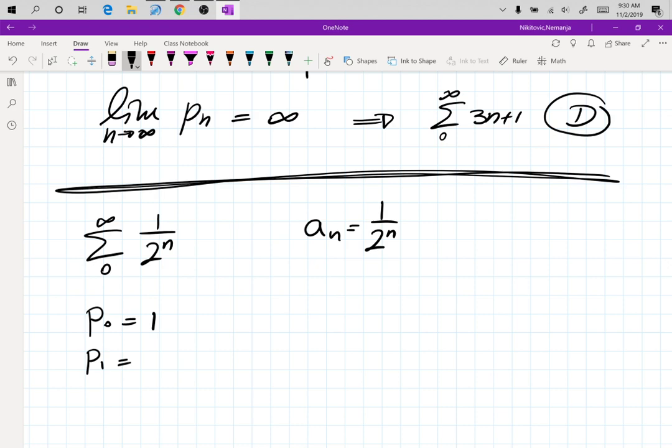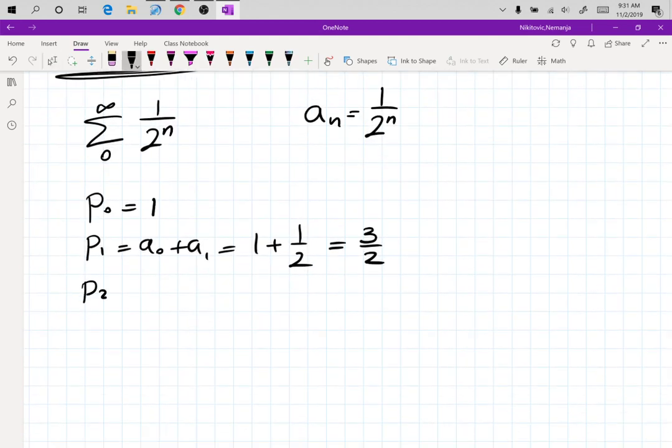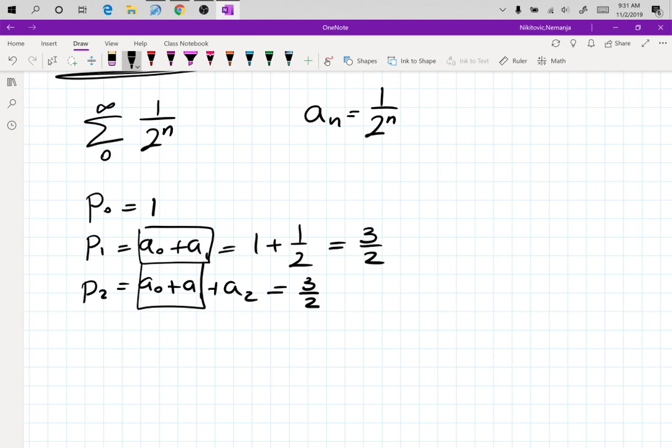P1 is, I almost wrote P again, A0 plus A1, which is 1 plus 1/2, which is 3/2. P2 is A0 plus A1 plus A2. That's going to be 3/2, right? So copy 3/2 and add new term, which is a quarter, right?